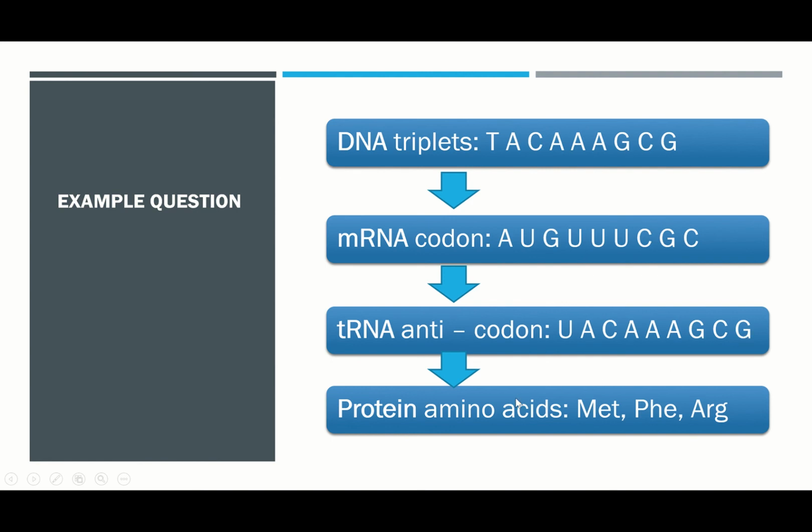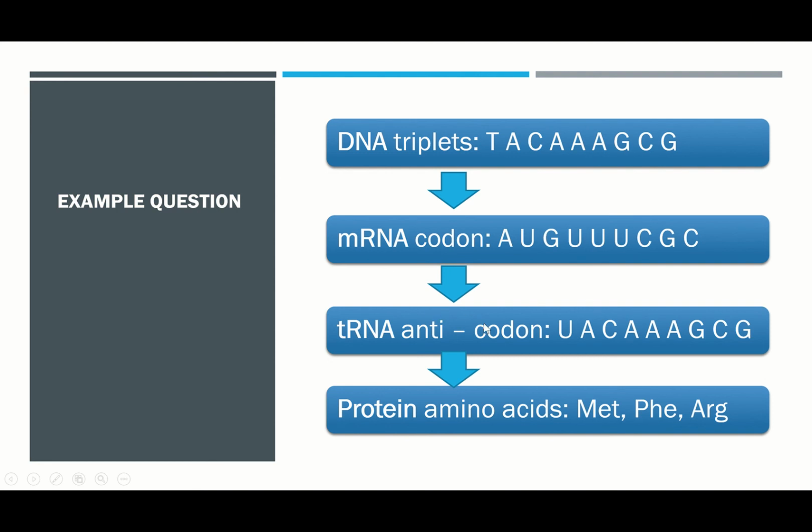Now, a tricky thing that a lot of people confuse is the last step, often the protein amino acids. There are about 20 different protein amino acids that are named. And you will see basically a list of these A, U, C, G letters and their corresponding protein amino acids.